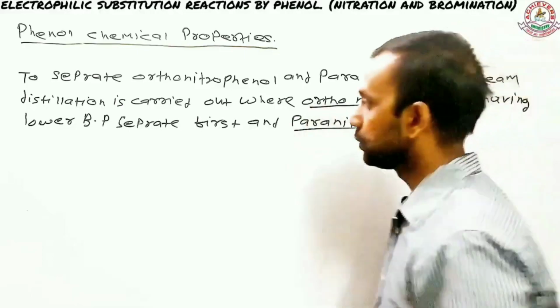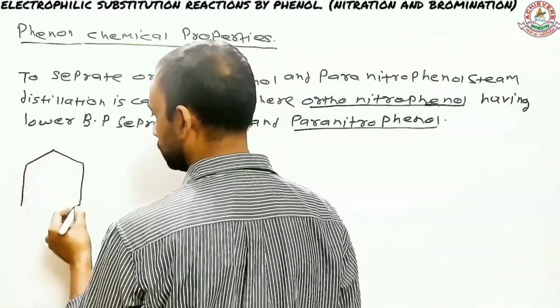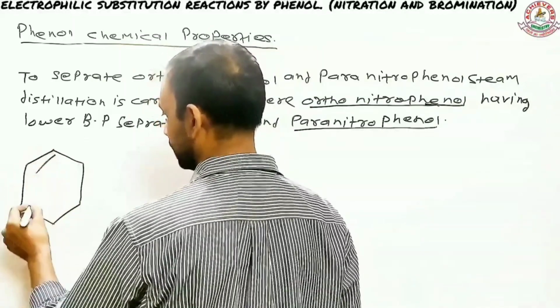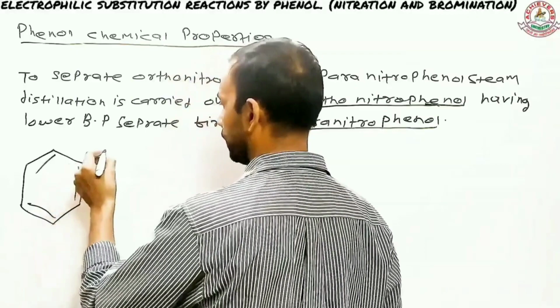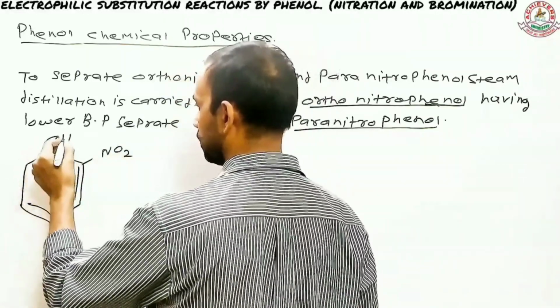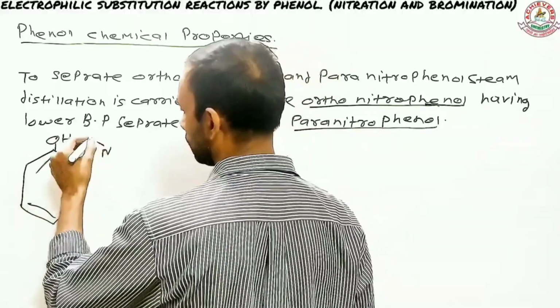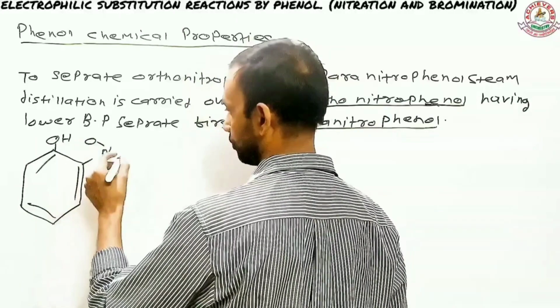So that's what I'm going to say here. Orthonitrophenol, this is the structure I just made. So this is the orthonitrophenol, right? Now if you probably know, in case you don't, then this will help you.